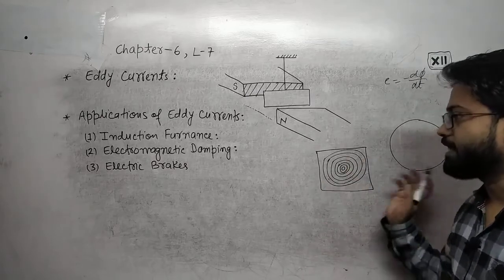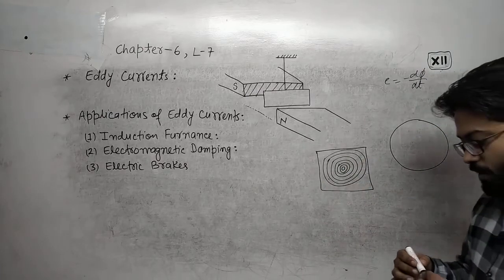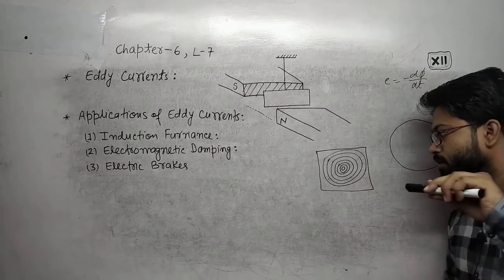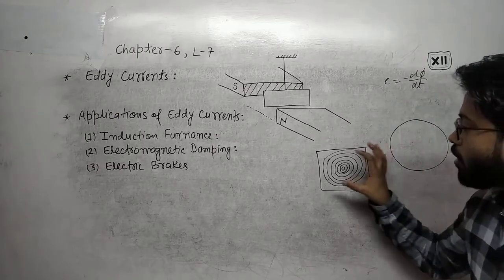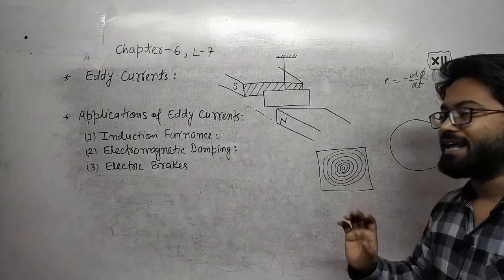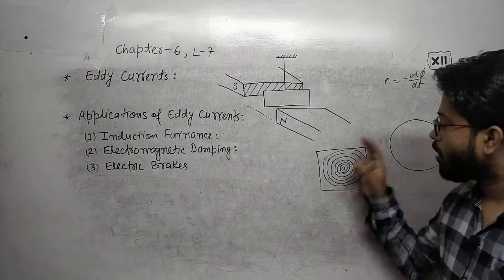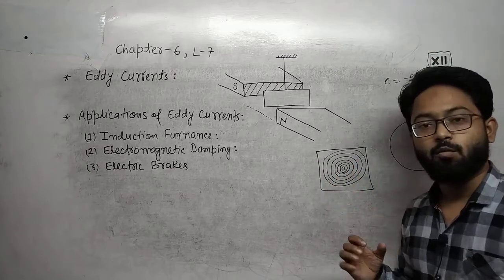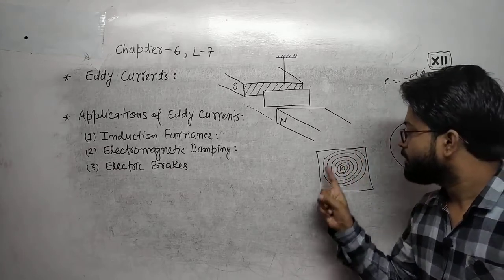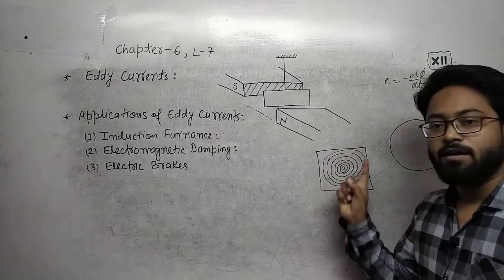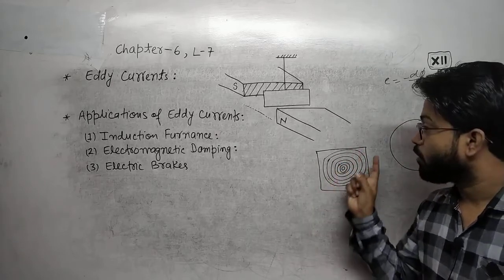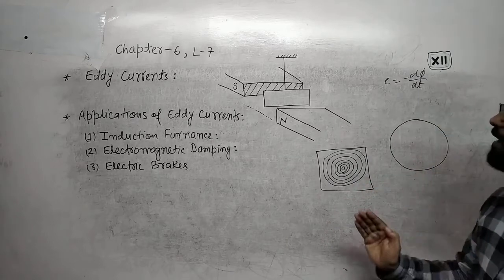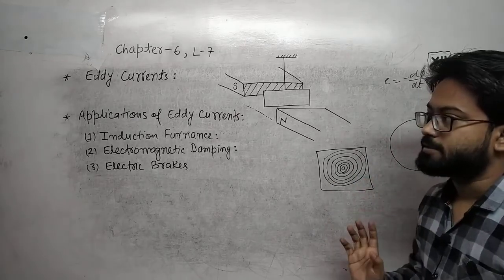If the magnet is moving like that, all the coils will have a varying magnetic field, so an infinite number of currents will be developed in the coils.